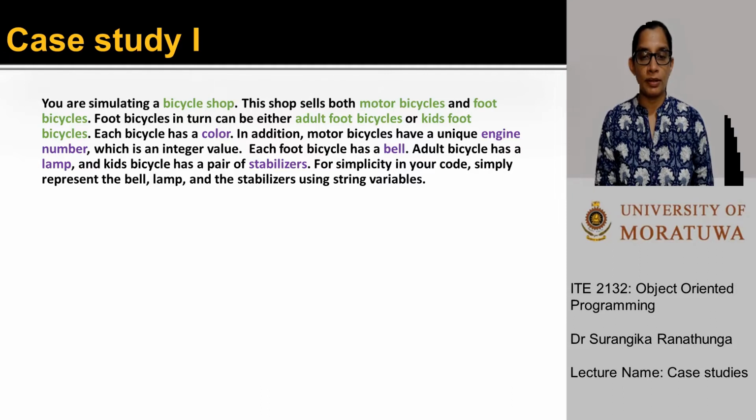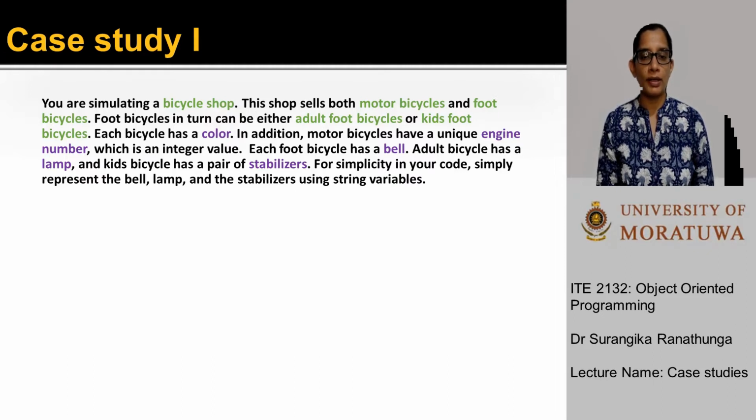So we see a bicycle shop object, motor bicycle, foot bicycle, which in turn can be adult foot bicycle or kids foot bicycle. And each bicycle has a color attribute. Motor bicycle has an engine number as the attribute. Foot bicycle has a bell. Adult foot bicycle has a lamp. And kids foot bicycle has a pair of stabilizers.